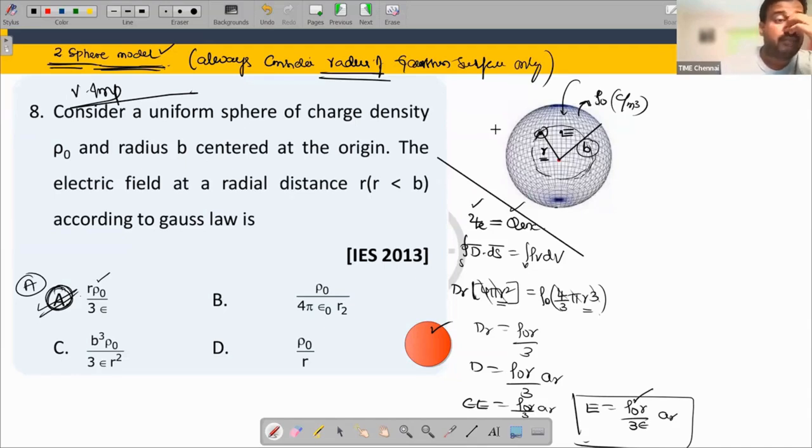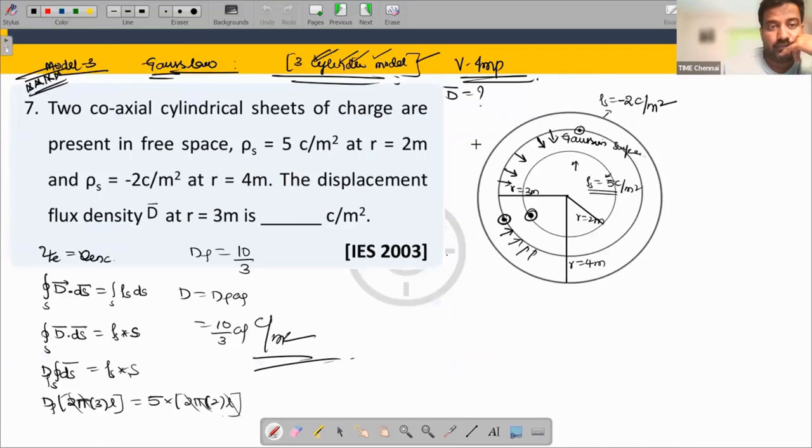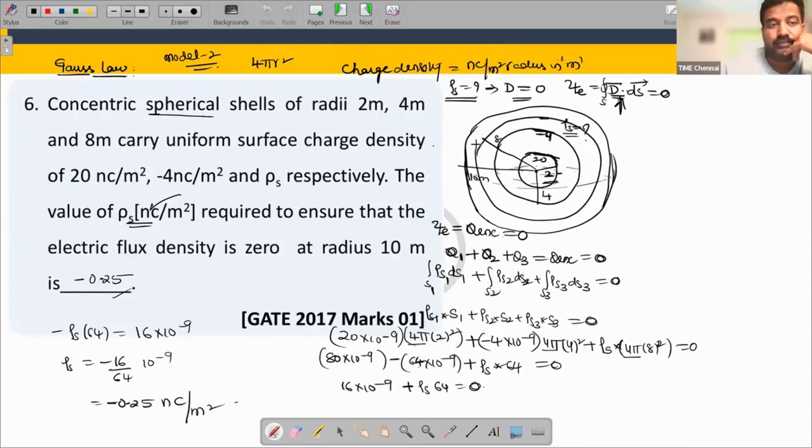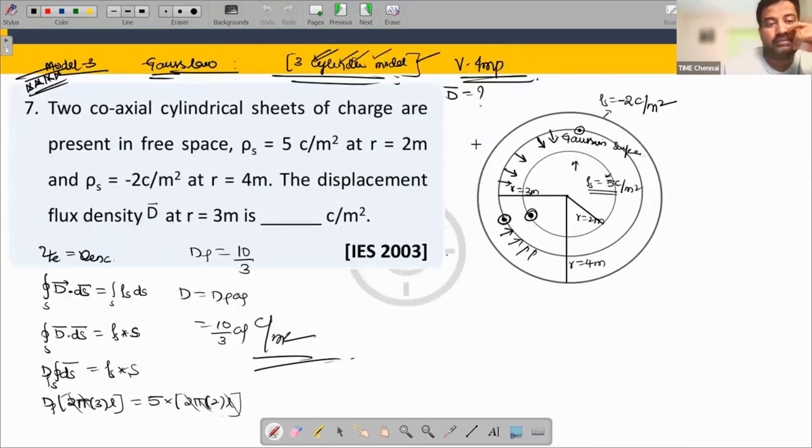Different from this is the three cylinder model. This is the three cylinder model. Here, when I am considering charge enclosed, I consider the inner cylinder.